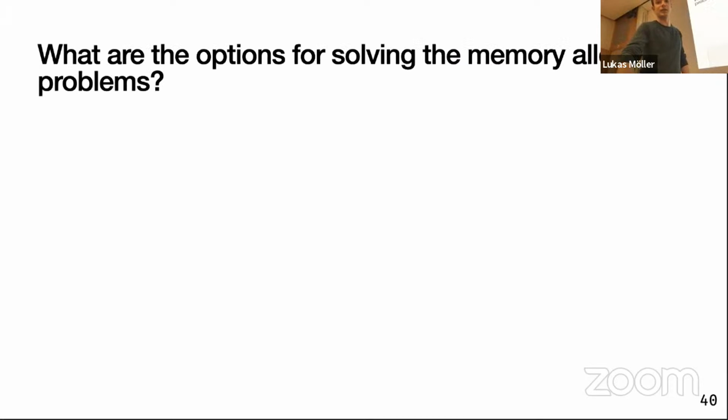But let's go on. What are the options for solving the memory allocation problems? I was thinking of having maybe a special malloc here. For CUDA operations, there's already a special CUDA malloc, which can, in specific cases, allocate shared memory, because nowadays you have systems like Apple processors which share memory between CPU and GPU, and then CUDA malloc probably uses that shared memory.